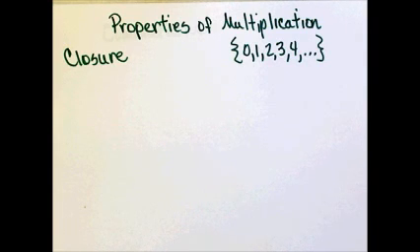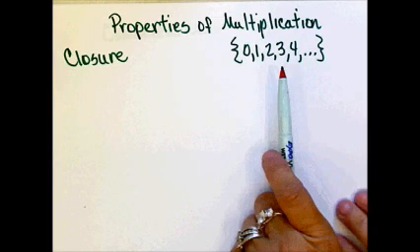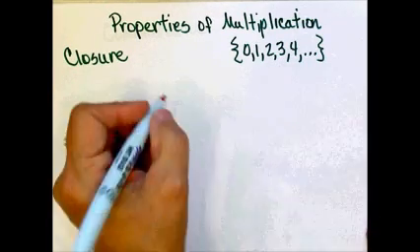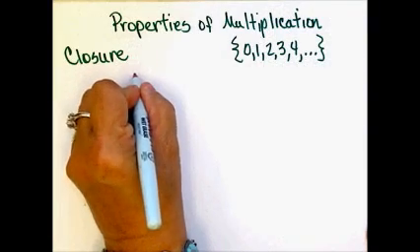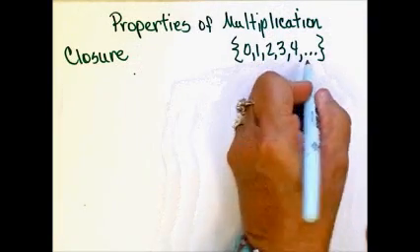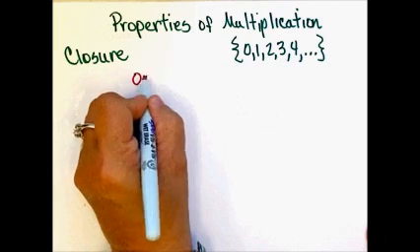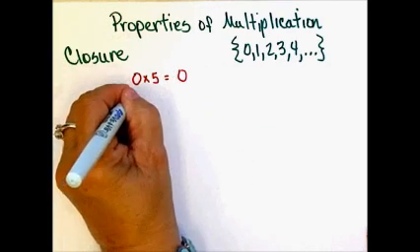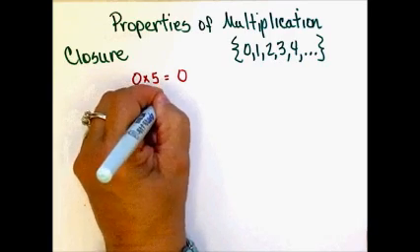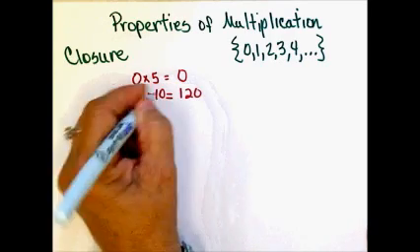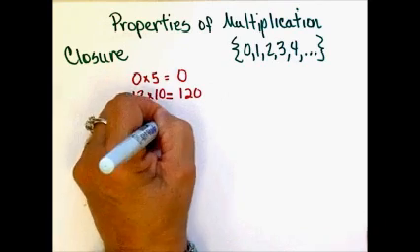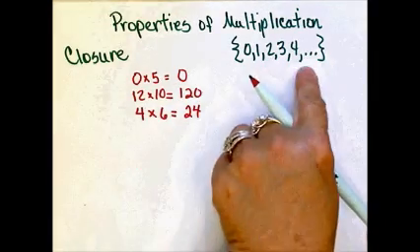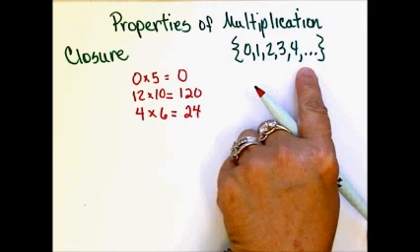Alright, so we talk about the closure property. And we wonder, is this set of whole numbers closed under the operation of multiplication? Well, let's just think about it. What if I multiply any two of these numbers together? So let's do 0 times 5. Let's do 12 times 10. Let's do 4 times 6. No matter what I do, I'm always going to get a number that's in this set, right?